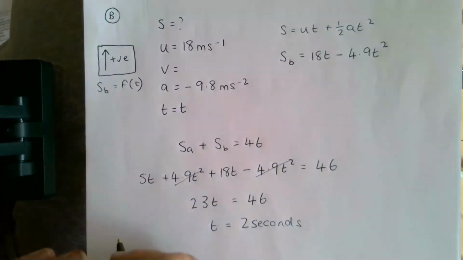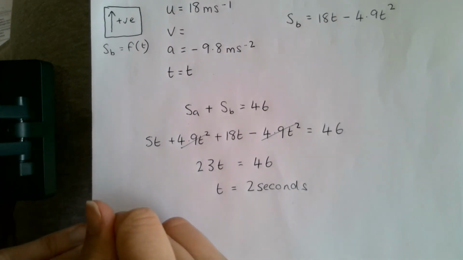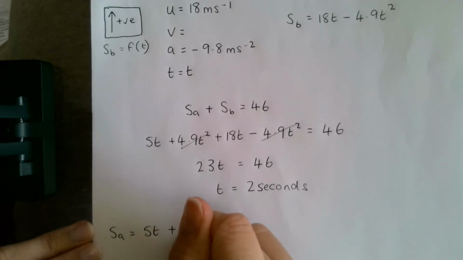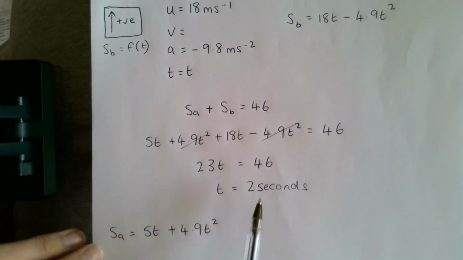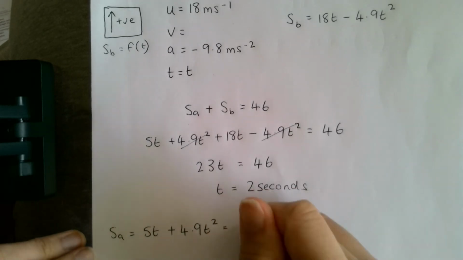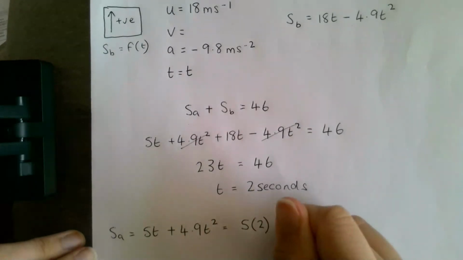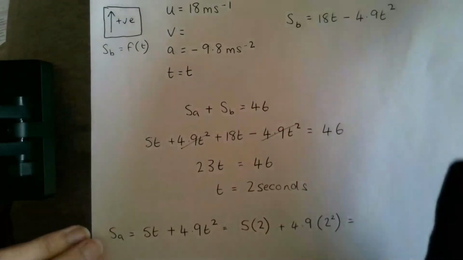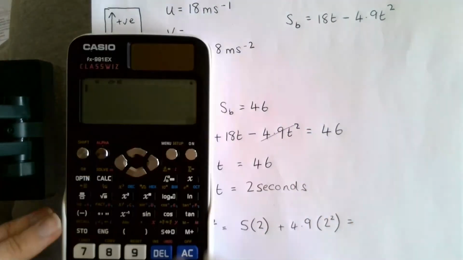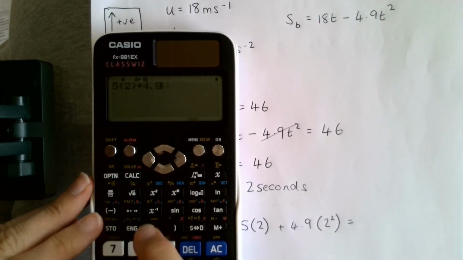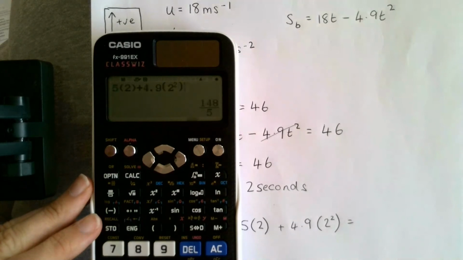The displacement of A is equal to 5t plus 4.9t squared, and I know the collision happens when t is equal to 2 seconds. So sub that in. I've got 5 times 2 plus 4.9 times 2 squared.